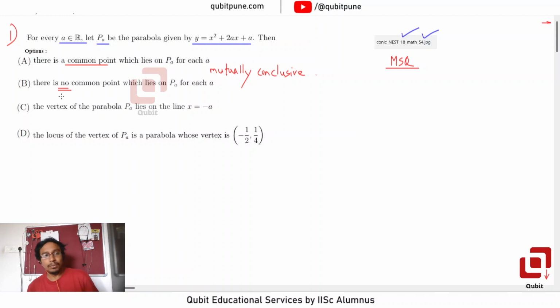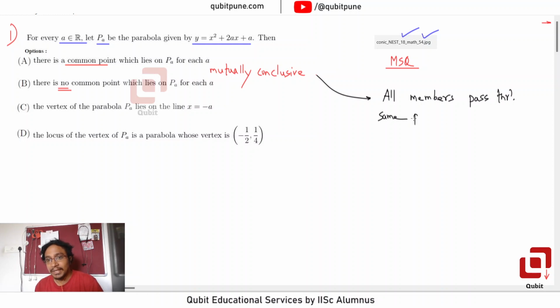Now what is the essence when they say that there is a common point? The common point is an indicator that all of the parabolae pass through the same point, right? All members pass through the same point. Interestingly, if they pass through the same point, we must be able to find its coordinates, and the coordinates should not be dependent on a.